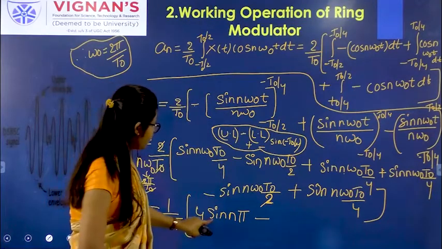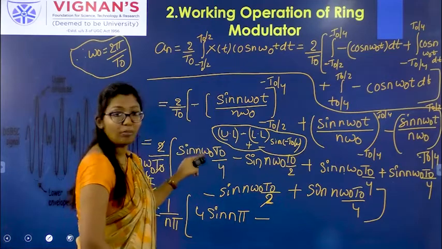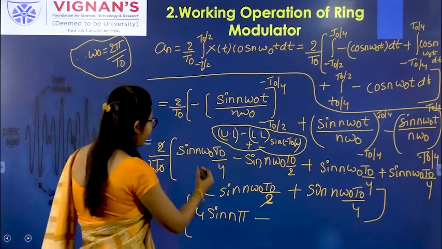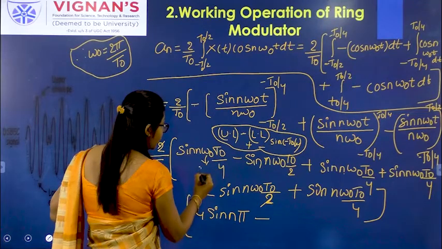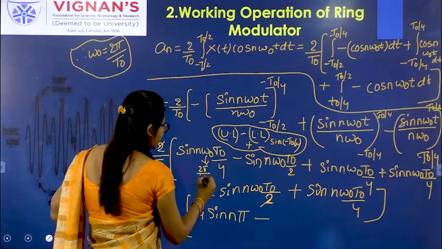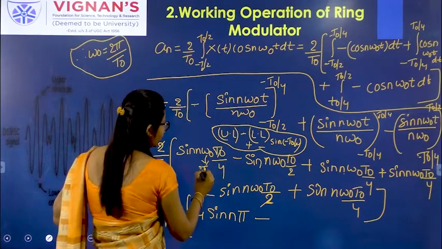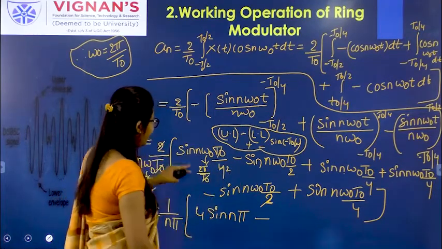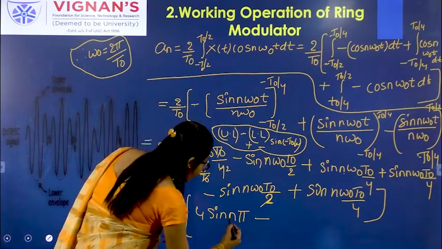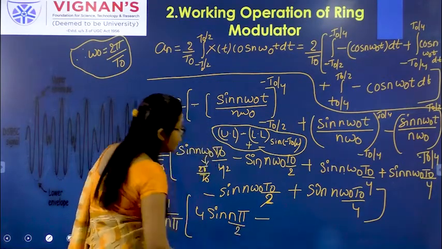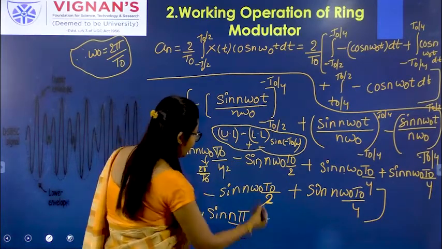So I am writing 4 sin n omega naught T naught by 4, but instead of omega naught I am considering here 2 pi by T naught. So when I am writing 2 pi by T naught instead of omega naught, then what will happen? T naught will cancel, you will be getting 2 here. So finally 4 sin n pi by 2 it should get, minus 2 sin n omega naught T naught by 2 is there.